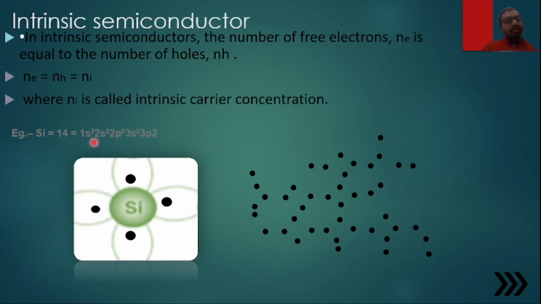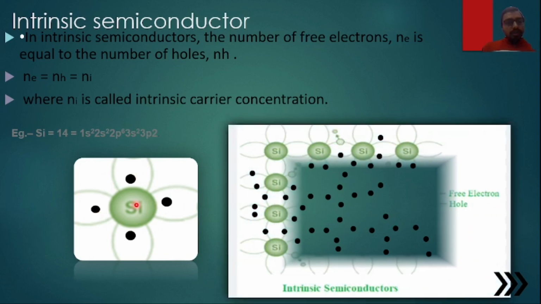It has 4 electrons in the outermost shell, the n equals 3 shell. Here I have shown the configuration: this is the silicon, and 1, 2, 3 and 4 electrons in the outermost shell.